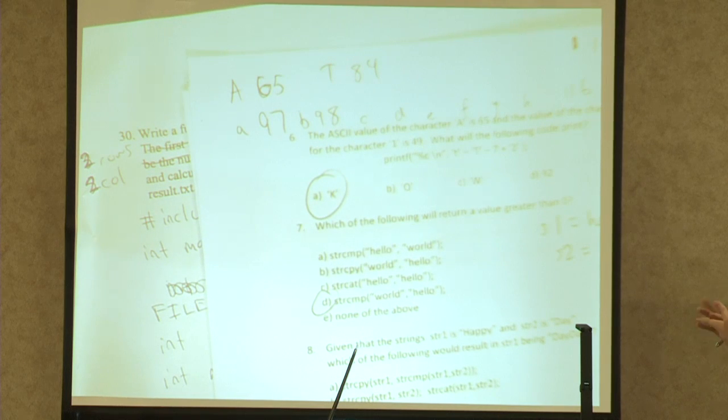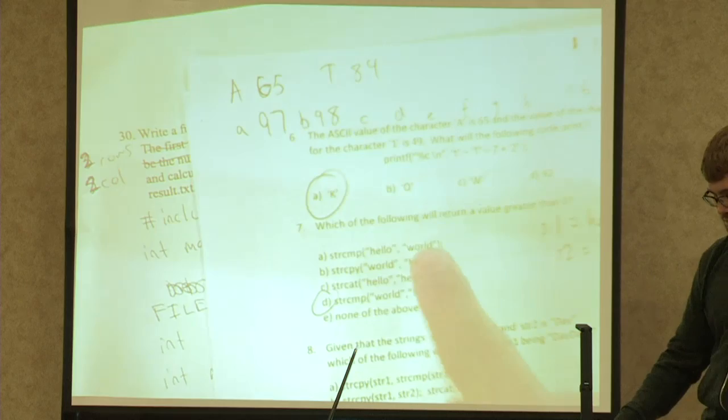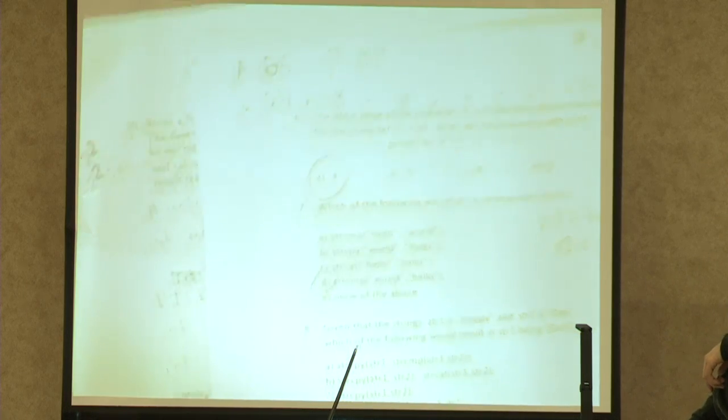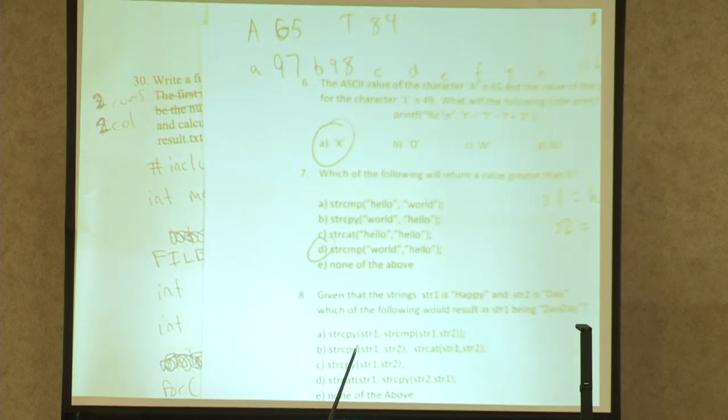String cat just gives you the first one, so that wouldn't give you an integer, and then string compare compares these two, A and D. Hello is less than world, yeah. If it's less than, it's negative. So you want greater than, so you do world before hello. You want that one.